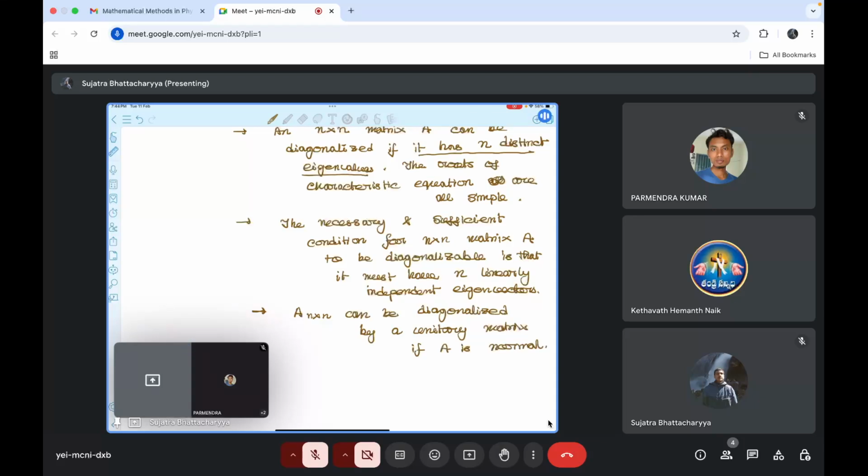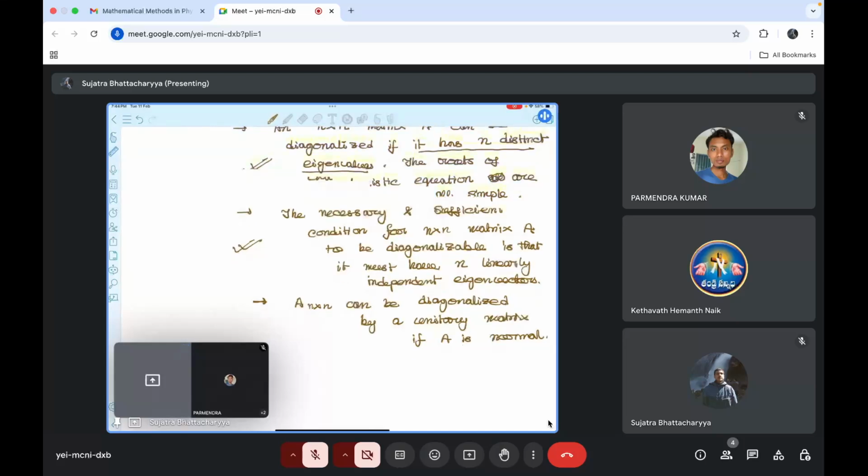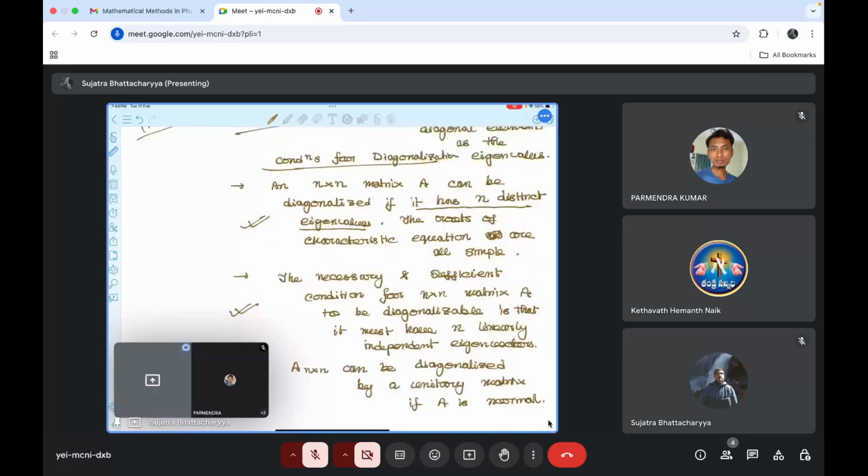Right. So the important part is this: n distinct eigenvalues, or n linearly independent eigenvectors. These are the two important conditions which need to be satisfied.